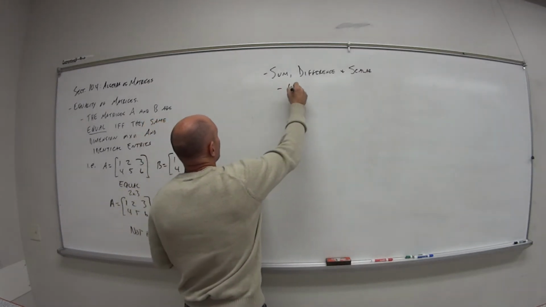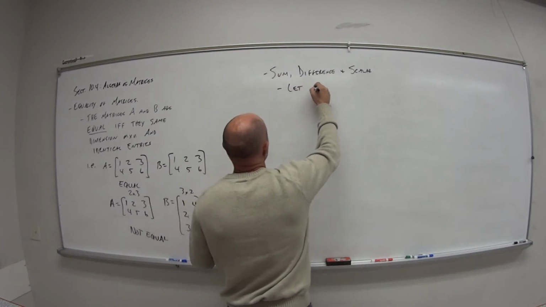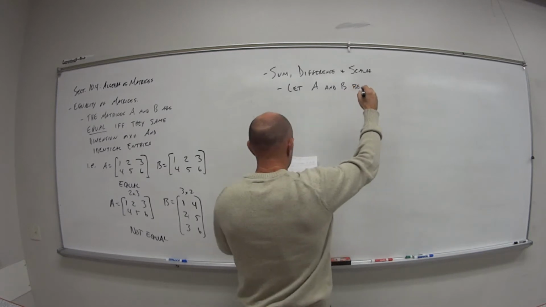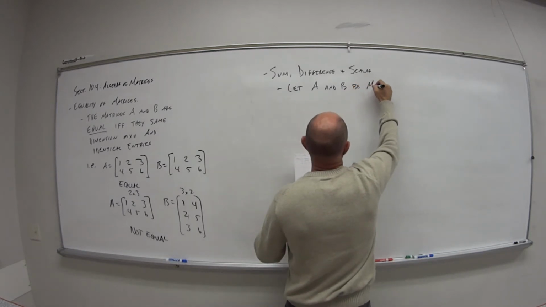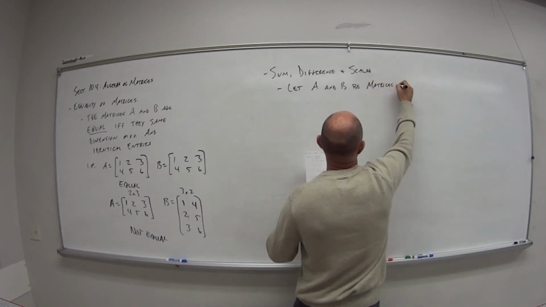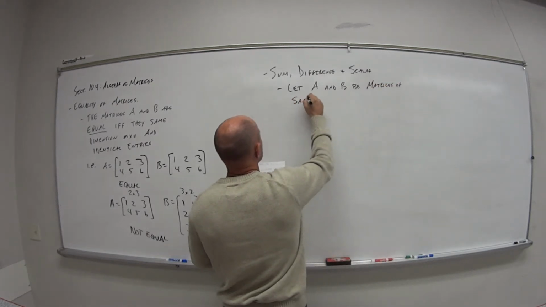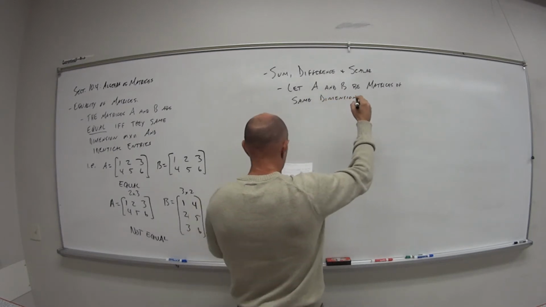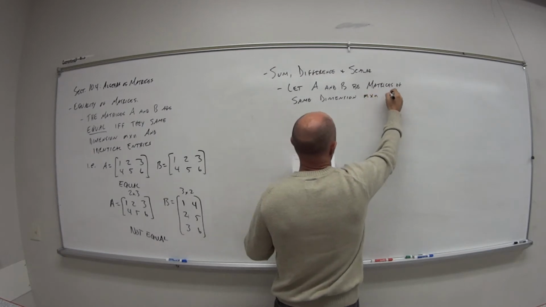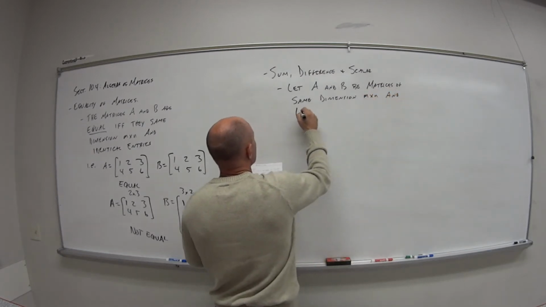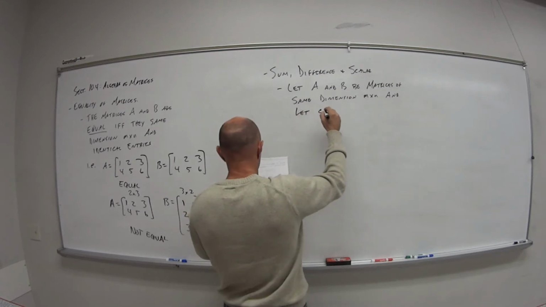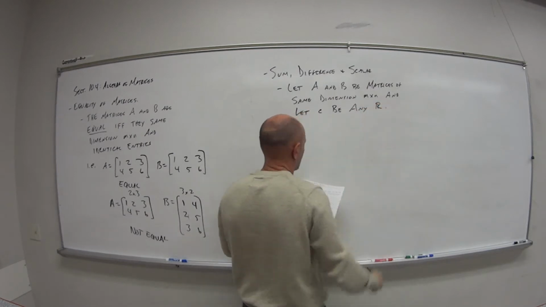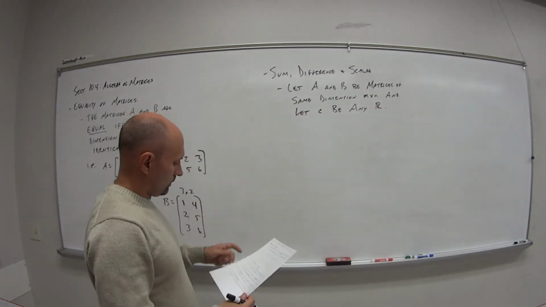So, definition: let A and B be matrices of the same dimension M by N, and let C be any real number. So we have the following.